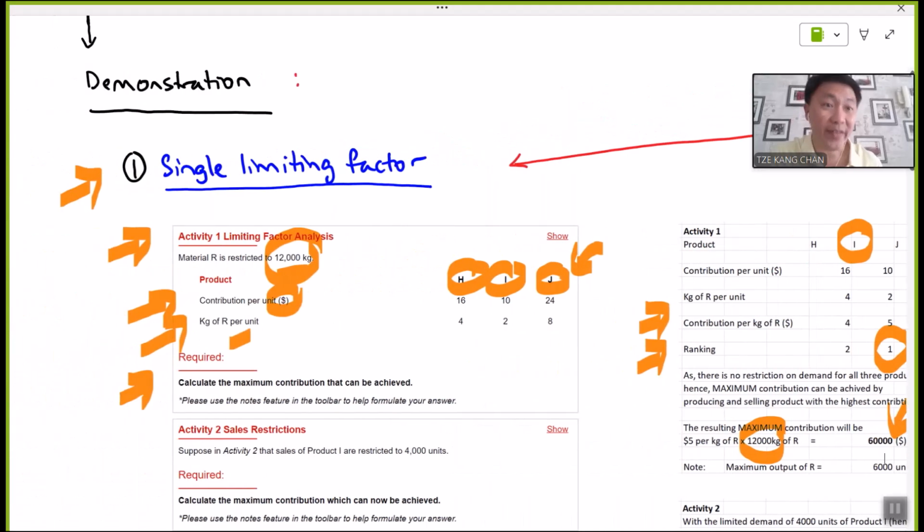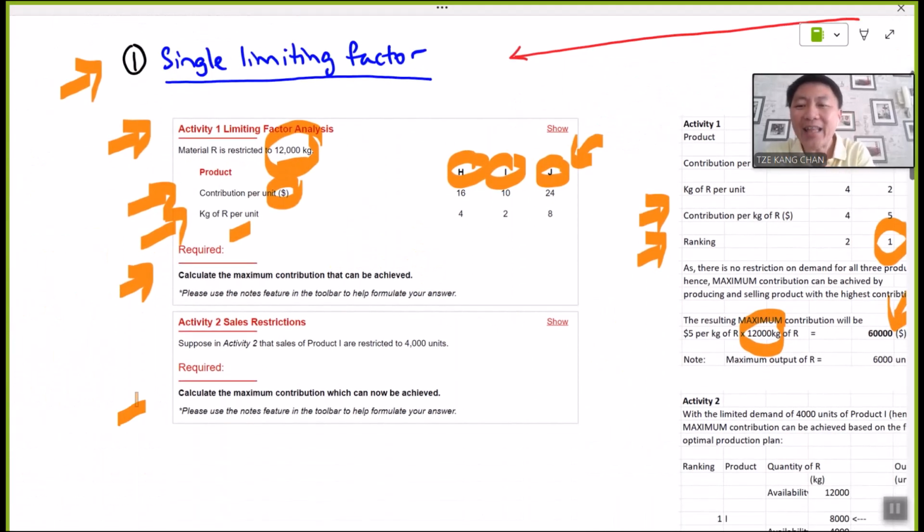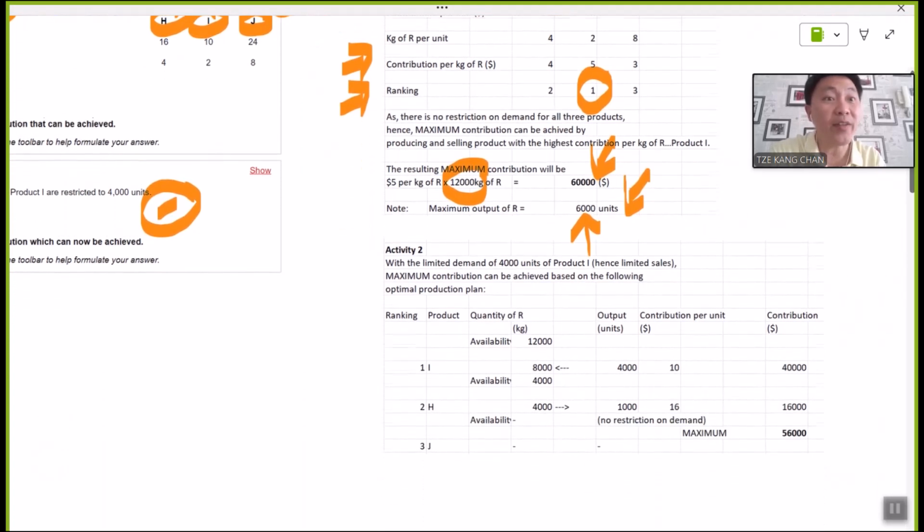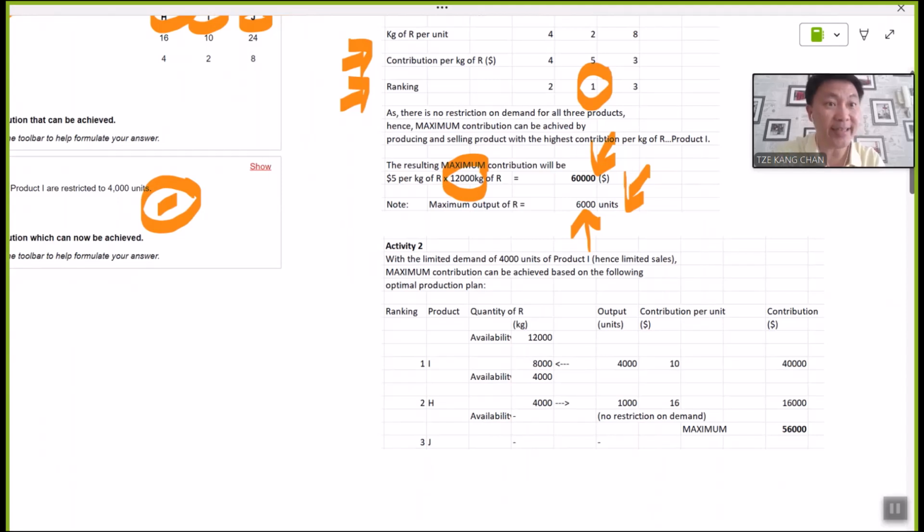Well, the situation gets a little more complex, as explained and denoted by activity 2: what if product I has a restriction on maximum demand of up to 4,000 units? Then I'm afraid there is no point producing up to 6,000. We need to come up with a table to start allocating the limiting factor based upon not only the limitations on R, but also restrictions on the demand.